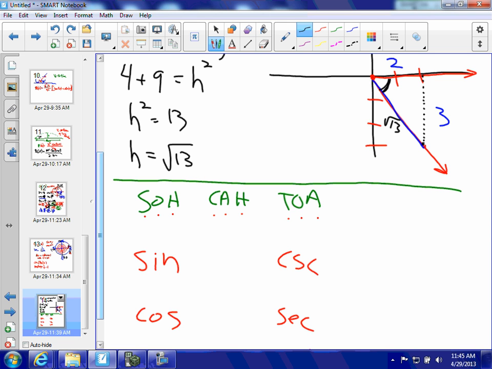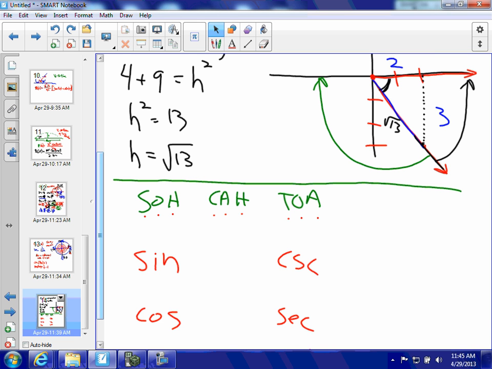It is the acute angle from the terminal side to the x-axis. There are two angles from the terminal side to the x-axis. There is the acute angle, which is my reference angle. There's also an obtuse angle from the terminal side to my x-axis, but I don't care about that. I want my reference angle, which is the acute angle from the terminal side to the x-axis.